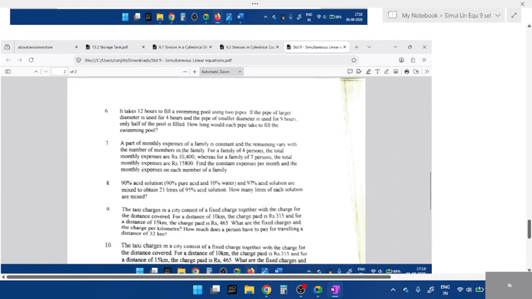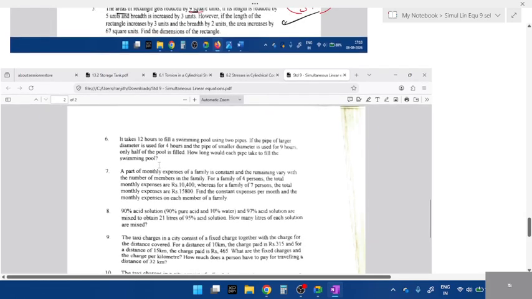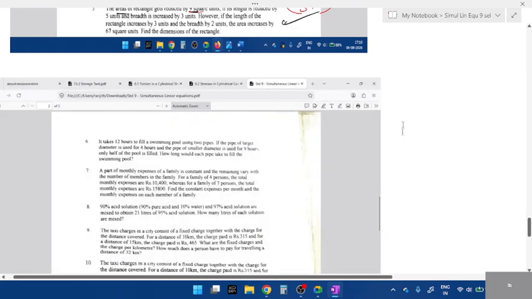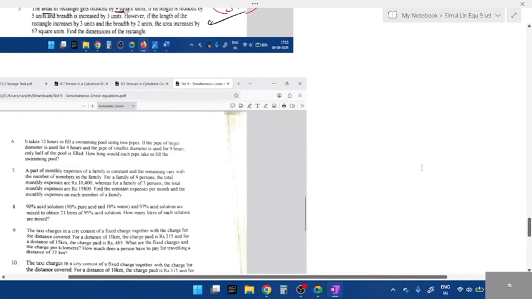A part of monthly expense of family is considered the number of. See, the sixth one for now we'll skip, students, because it's a time and distance question. For now just keep that pending.